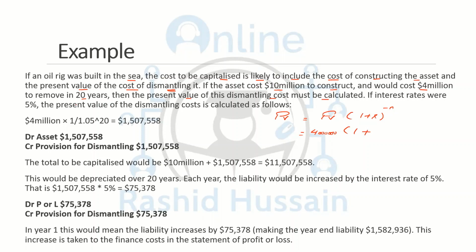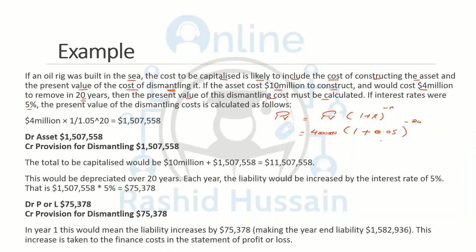If interest rates were 5%, in decimal we take 0.05, 5 divided by 100. Raised to the power minus n. After how many years are we going to dismantle it? After 20 years, so we take minus 20.